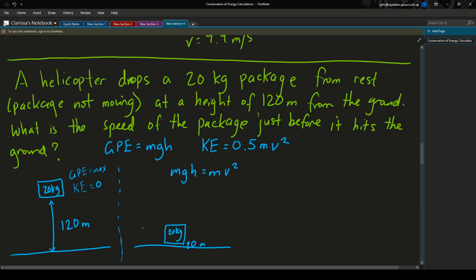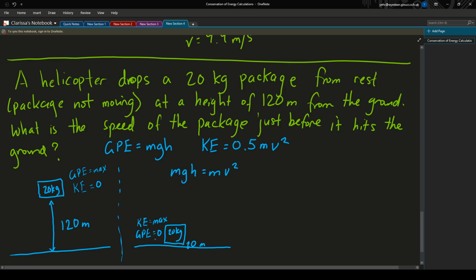And then at this point, just before it hits the ground, our kinetic energy was max, and our GPE was 0. So what you were trying to do then, Lauren, is take the height of the second phase, but you're correct that in the second phase, because the height is 0, the gravitational potential energy is going to be 0, but its kinetic energy is not 0 at that point.